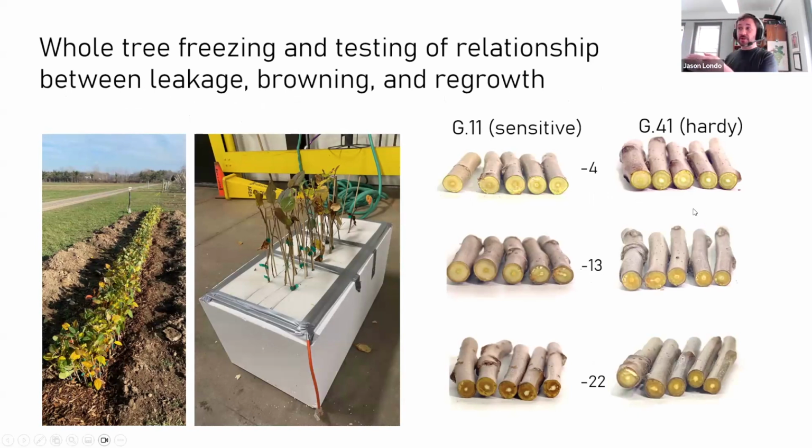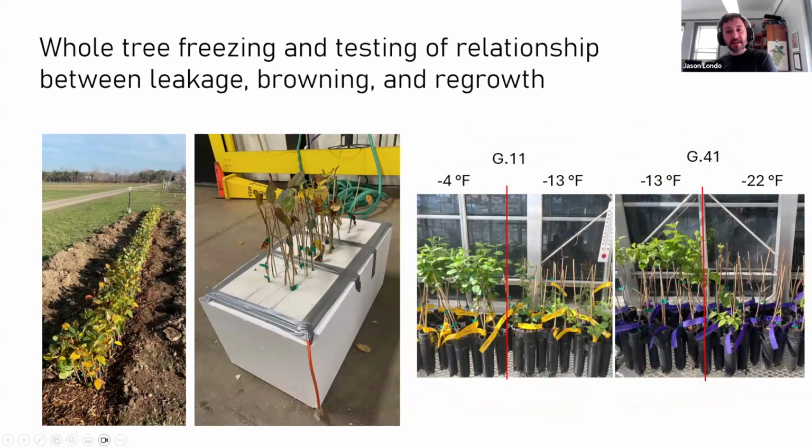And so pictured on the right here, you can see the comparison between G11 and G41. When we freeze the whole tree at -4, -13, and -22, and we look at browning of that tree, you see that same pattern I showed you before. But if you put these in the greenhouse and then see whether or not they're able to grow, we see that that browning data and the regrowth data actually broadly correlates.